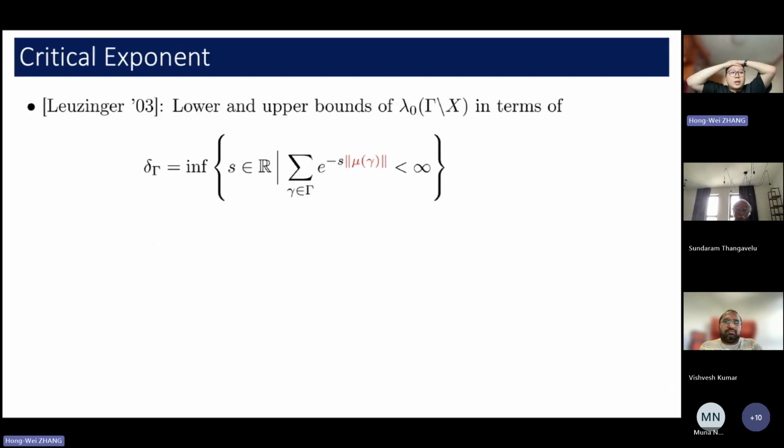So it's not us who consider it, from rank 1 to higher rank; it's a very natural motivation, and there are a lot of people studying this kind of generalization. I think the first start was made by Lozanger, who used this delta gamma.